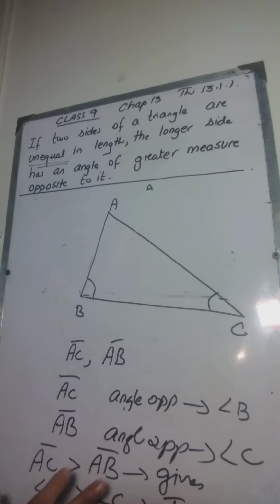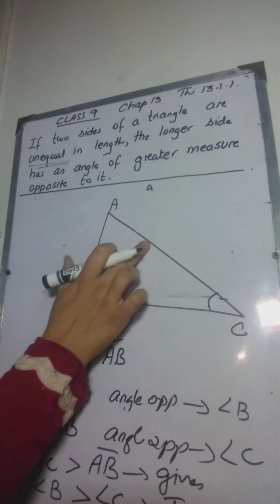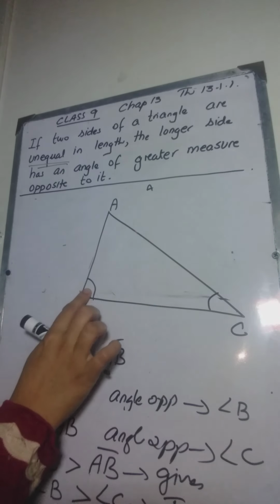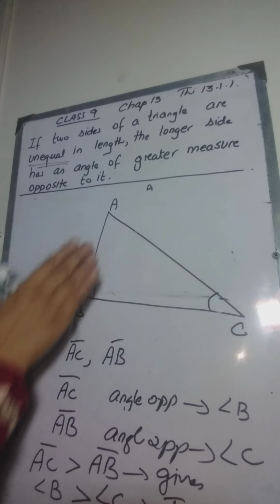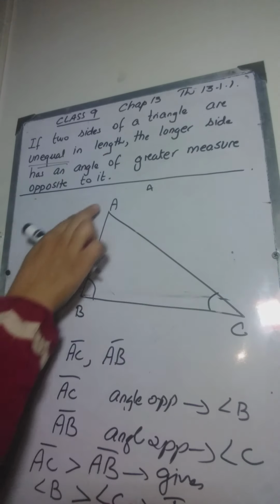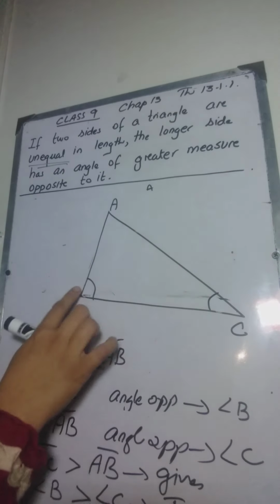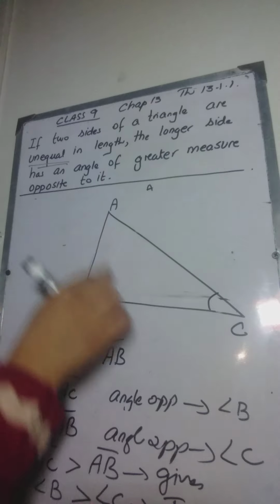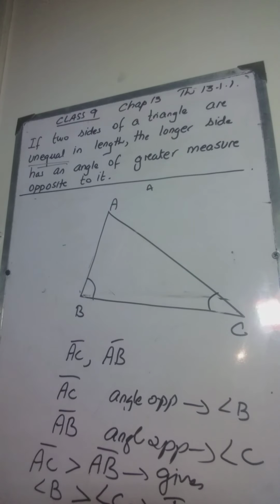So this is the statement of the theorem: if you have unequal sides, then the angle opposite to the longer side, that is B, will be greater than the angle C which is facing the shorter side.